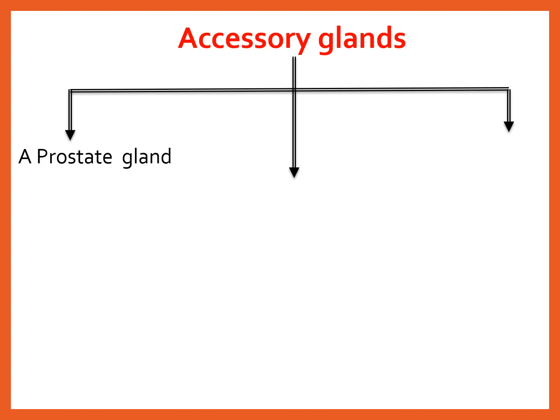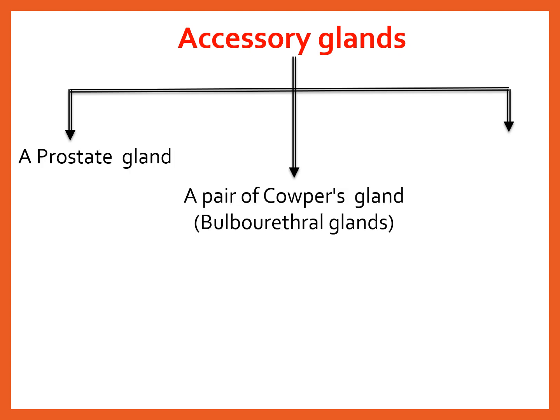You have the prostate gland, a pair of Cowper's glands, also called the bulbourethral glands, and a pair of seminal vesicles. The prostate secretes a fluid containing citrate.